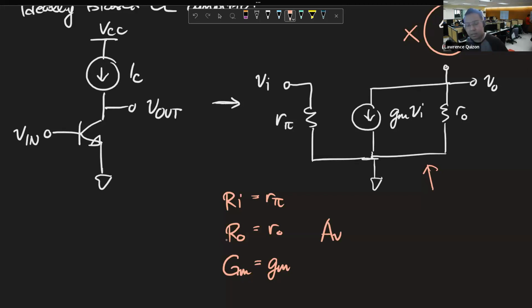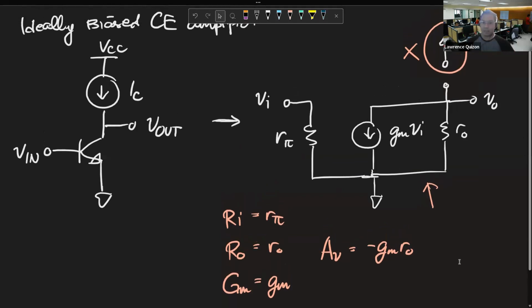Meaning that the overall gain, no, is equal to negative Gm r_out. All right? So this is what we get for the ideal bias CE amplifier, no?